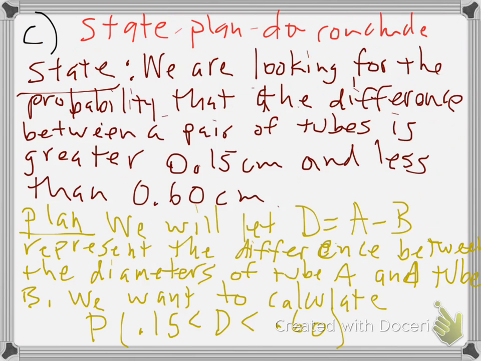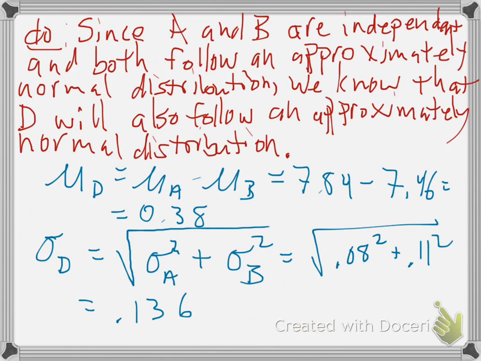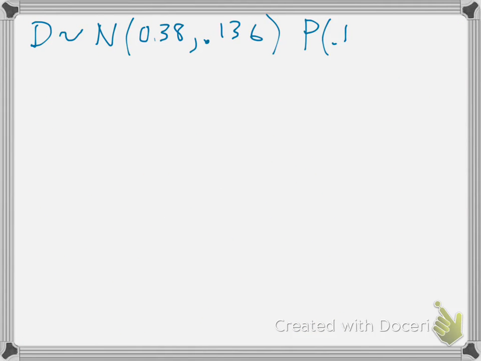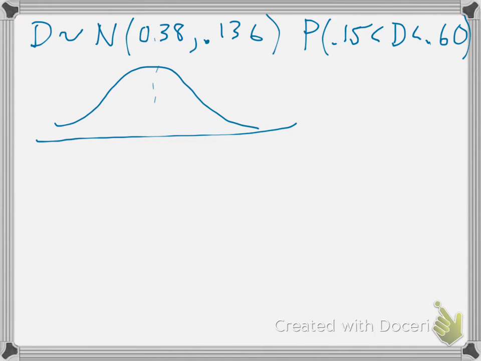We're trying to find the probability that D is between 0.15 and 0.6. If I draw this out, this has a mean of 0.38, here's 0.6 over here, and here's 0.15, with a standard deviation of 0.136, and I'm trying to find this area right in between here.